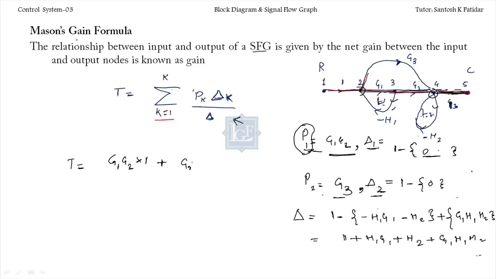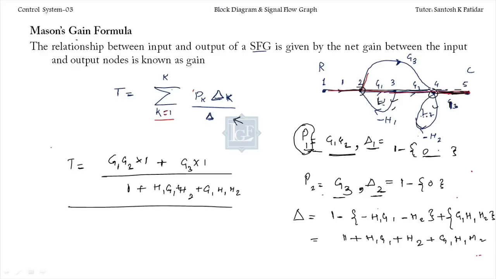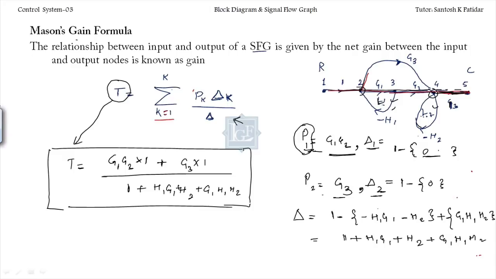P2 is G3 into 1, divided by del, and the del function you calculated: 1 plus H1 G1 plus H2 plus G1 H1 H2. So this is your overall transfer function for the given SFG. Okay, so in this chapter we'll deal with this formula only. The transfer function calculation will be done by Mason gain formula. Is it okay?